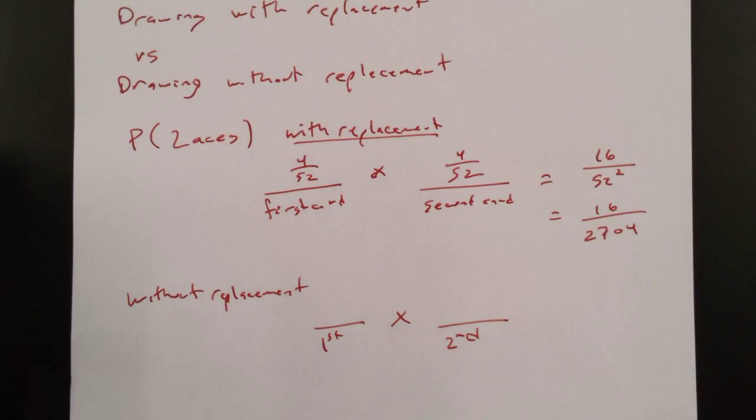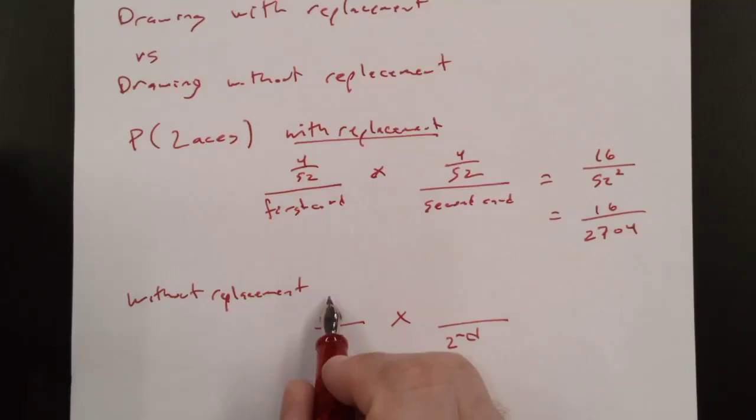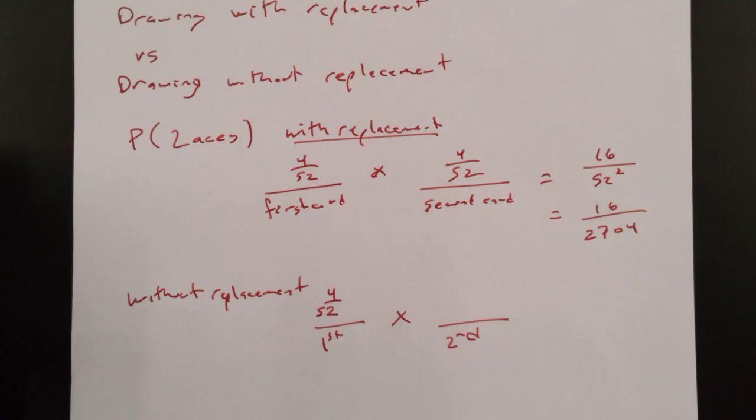I pick a card. What's the chance it's an ace? 4 out of 52. With that card in my hand, I pick another card. 3 out of 51. So there's 1 fewer card in the deck. It's in my hand.